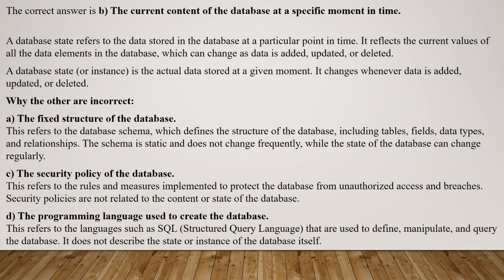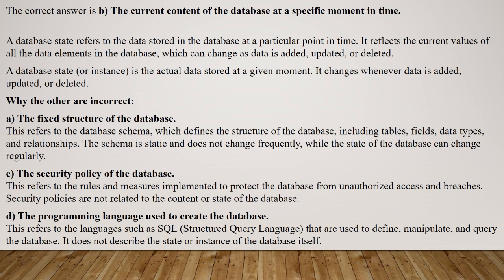It reflects the current value of all the data elements in a database, which can change as data is added, updated, or deleted. The database state or instance is the actual data stored at a given moment. It changes whenever data is added, updated, or deleted.